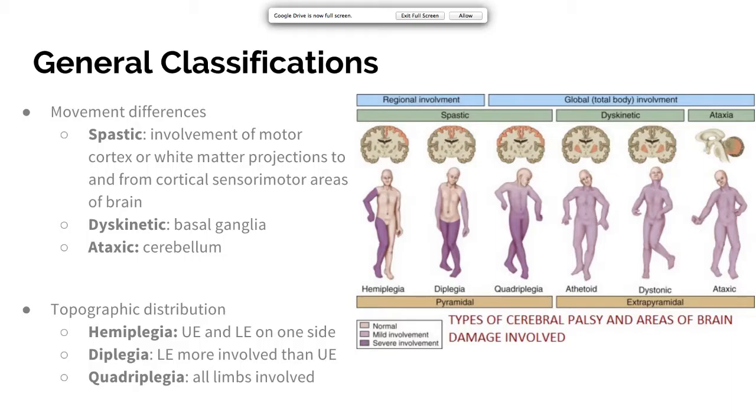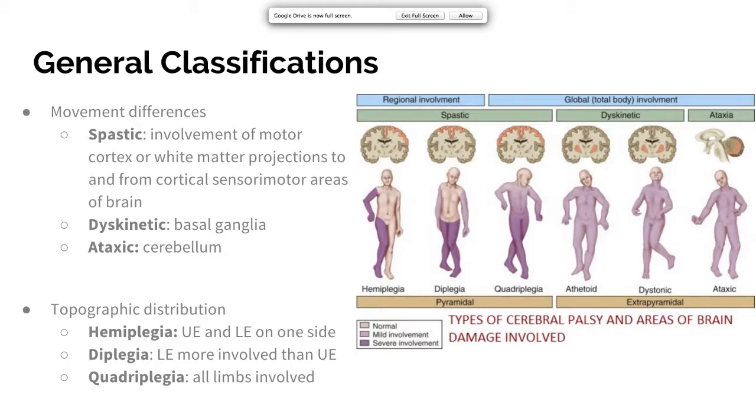In diplegia, the legs are more affected than the arms. Again, this is a result of the area of the brain that is damaged. In diplegia, the area that is more damaged is responsible for leg function, which is why the legs are more affected than the arms.